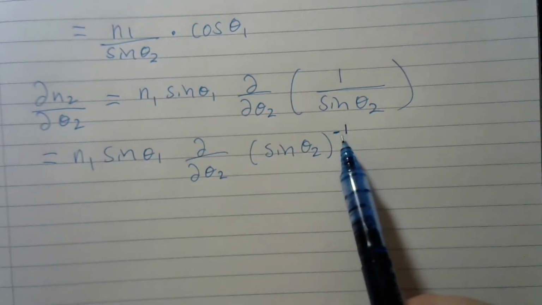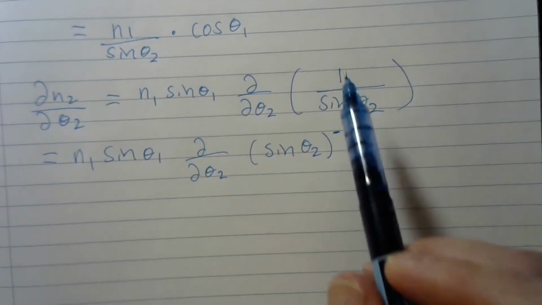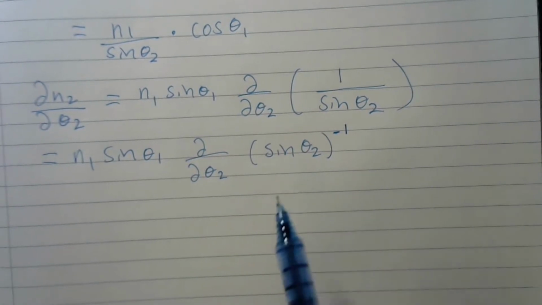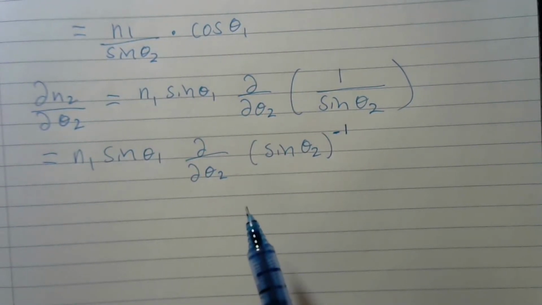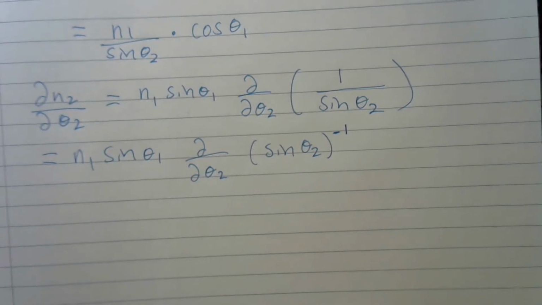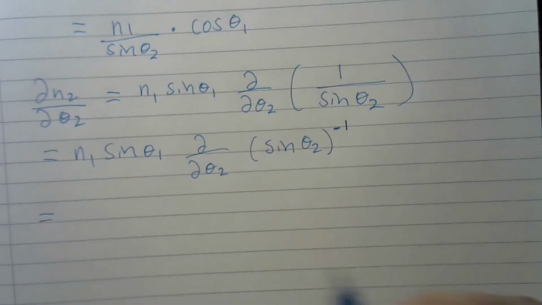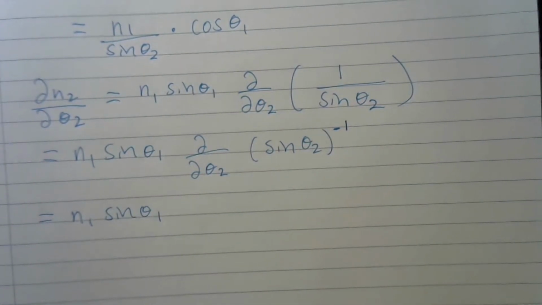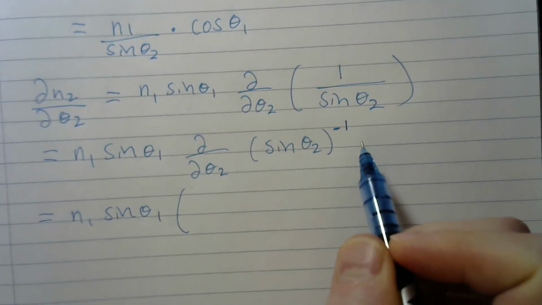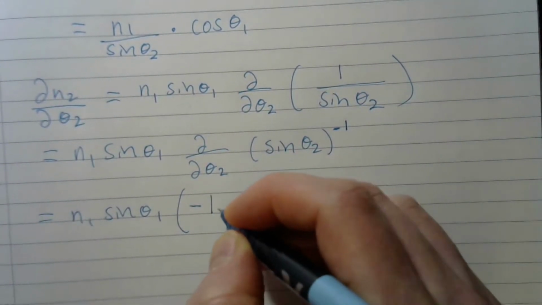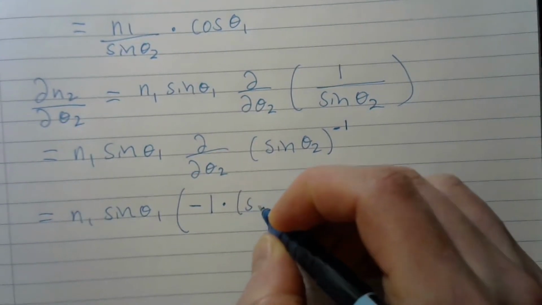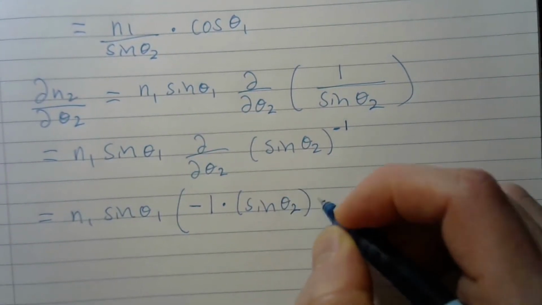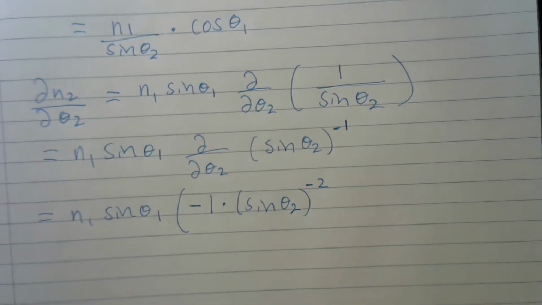So note this to the power of minus 1 means that it's 1 over, not that it is the inverse sine function, because those will give you two very different things. So using my chain rule, I'm going to keep my constant out front here again. So first, if I take the derivative of the outside, I have negative 1 times sine of theta 2 to the power of negative 2.